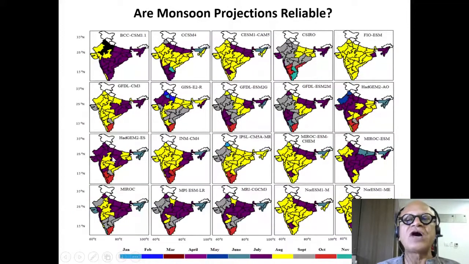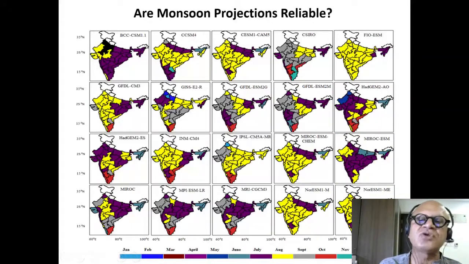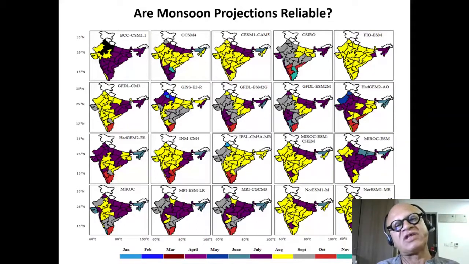Okay, so now look at the projections. We don't know how accurate the projections are because we don't have data for the future, but you can compare the models and see that they are all somewhat different, with lots of them showing yellow here. So this is not so simple to interpret because the observations, as I showed in the monsoon podcast, say that monsoon has decreased over the last 5 to 6 decades by about 10%.